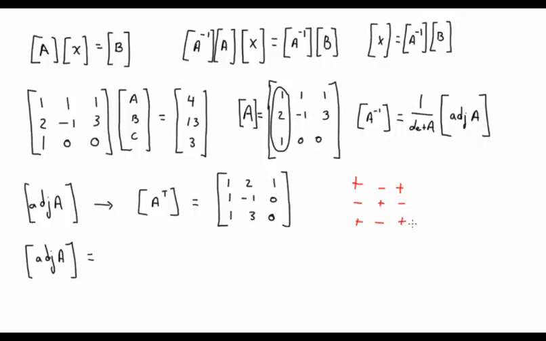Keeping the sign, changing the sign. Now the cofactors, like when determining a determinant, entail some minor matrix. So if I'm trying to find the first cofactor here, I will eliminate this row and column and find the determinant of the resulting minor matrix, and I will keep its sign.